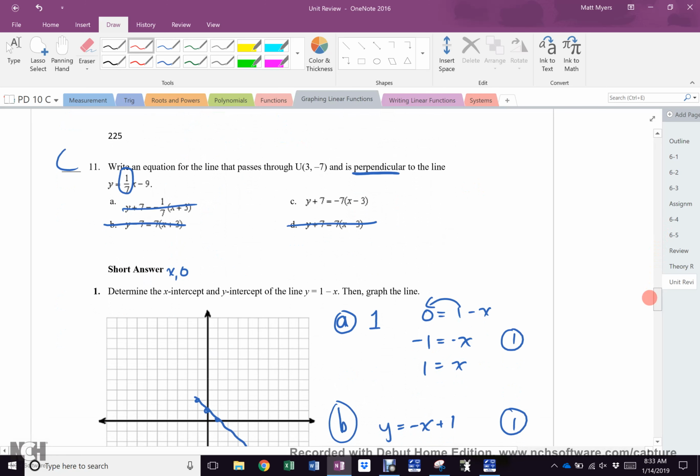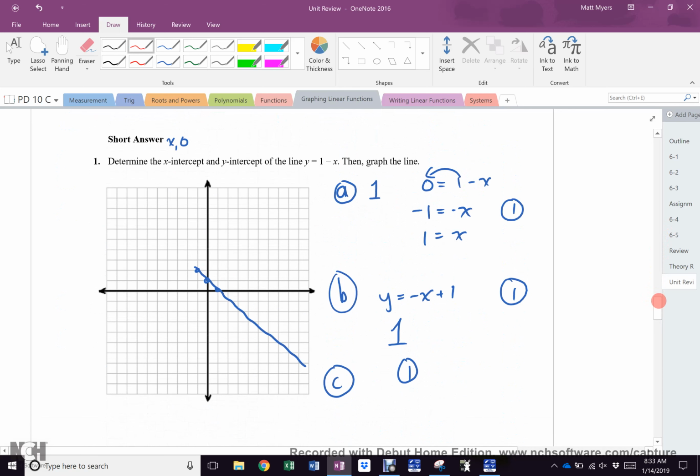Sweet. And 11 is C. The short answer one fools a lot of people because I asked for the x-intercept and the y-intercept, and I wrote it that way. A great many people, as soon as they see y isolated, say, oh, it's slope-intercept form, I got it. And then they don't recognize that this has been reversed.